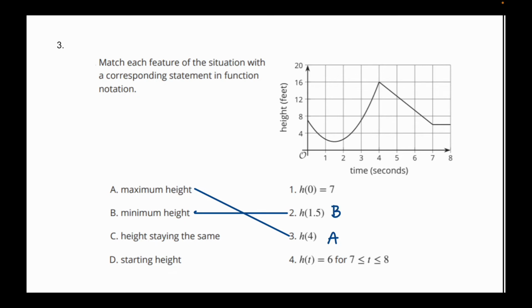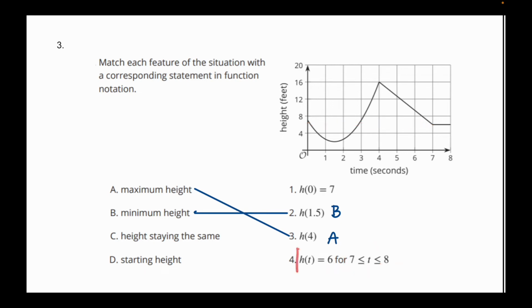Now the next segment is where the height is staying the same. And I do see a little section over here. So I see a section here where my height is staying the same, meaning the output value is constant or it's flat. And that's between 7 and 8 seconds. And they're actually telling us, it's right here, 7 to 8 seconds for time.